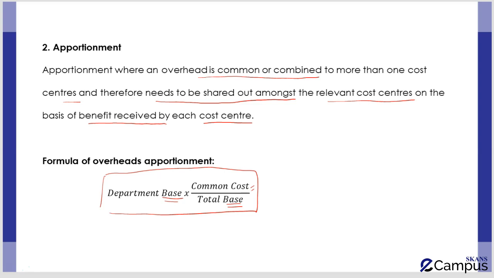In that example, the whole expense was incurred for department A. What if we say the machine is used by both departments A and B? It means now the machine is not only used in A, it is used in B also.